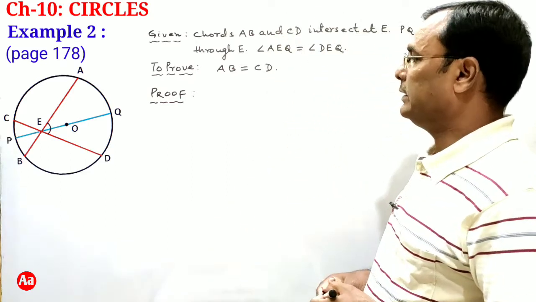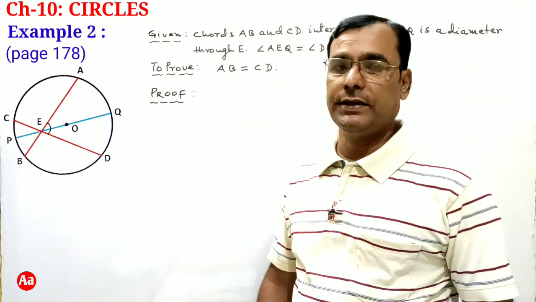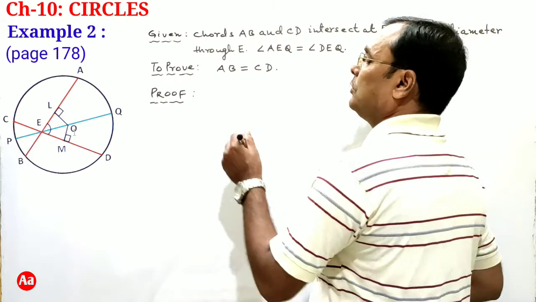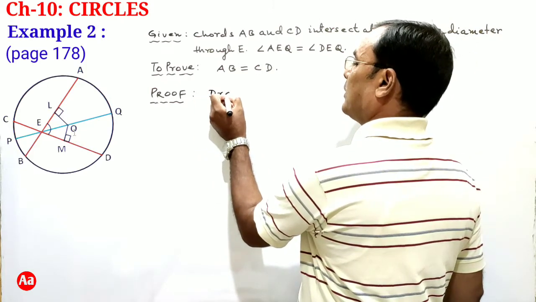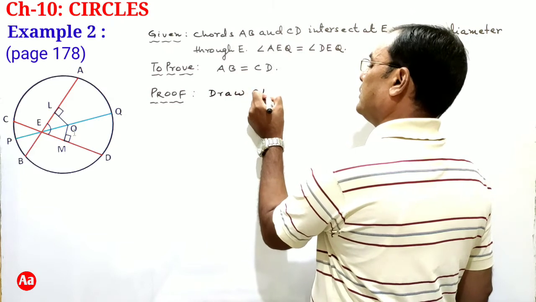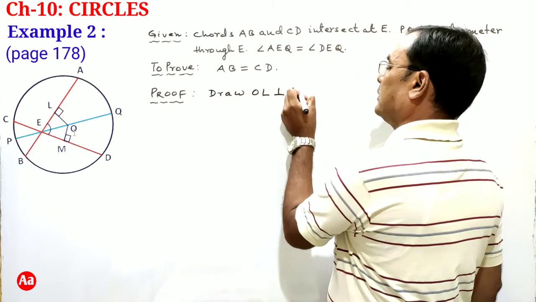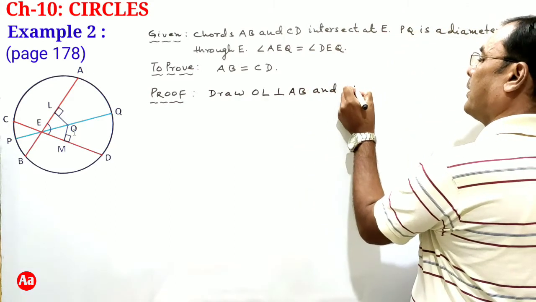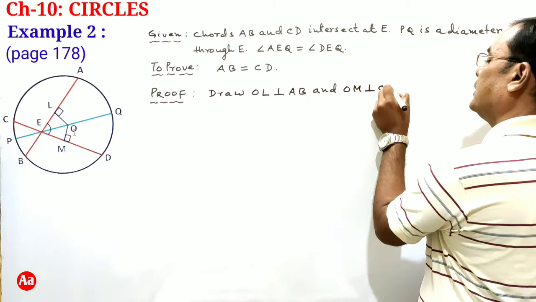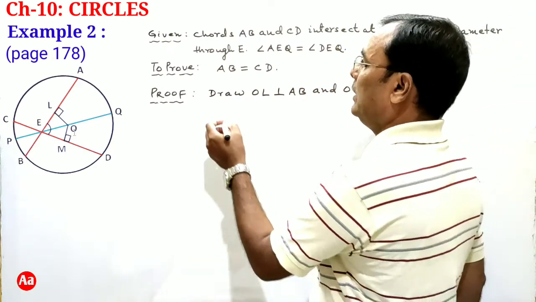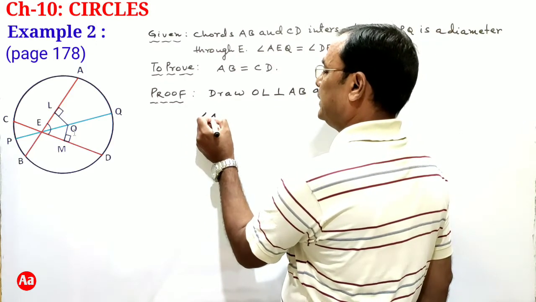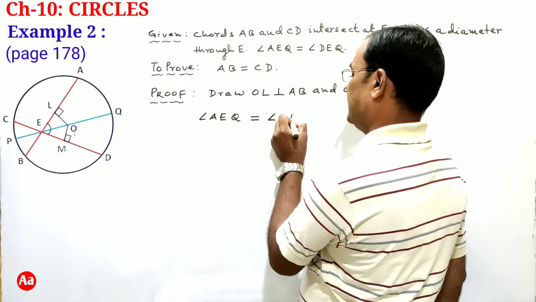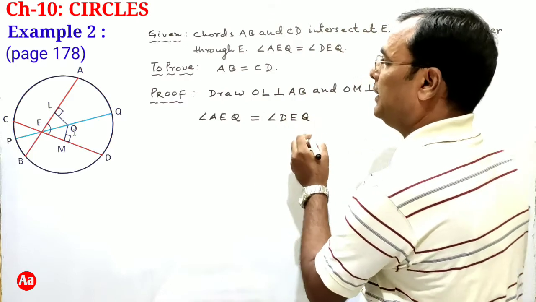To prove this result, AB equal to CD, that is chords are equal, let us draw OL perpendicular to chord AB and OM perpendicular to chord CD. Angle AEQ is equal to angle DEQ. It is given.